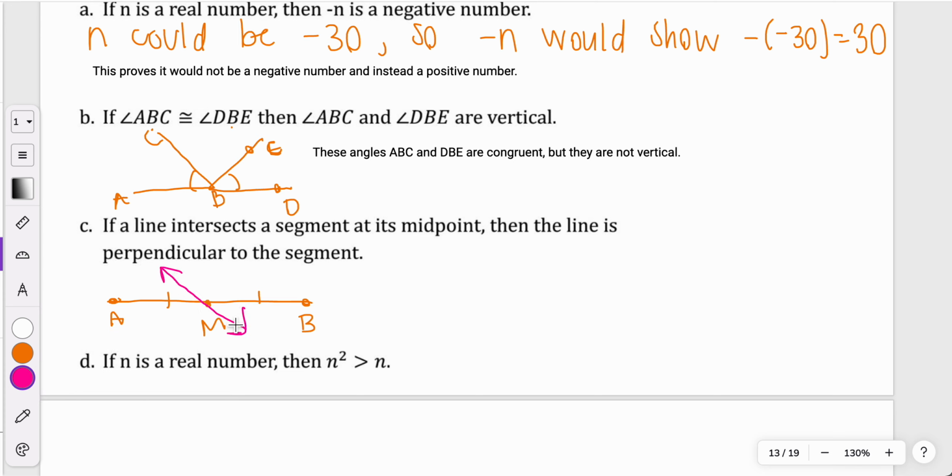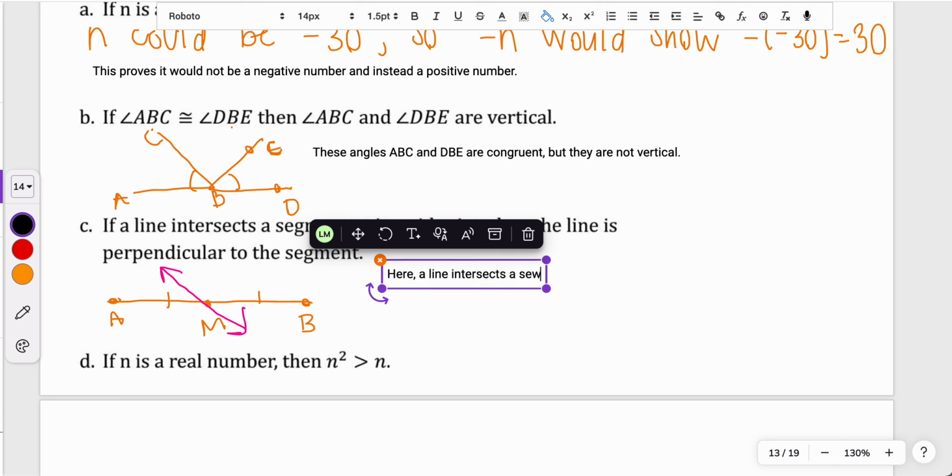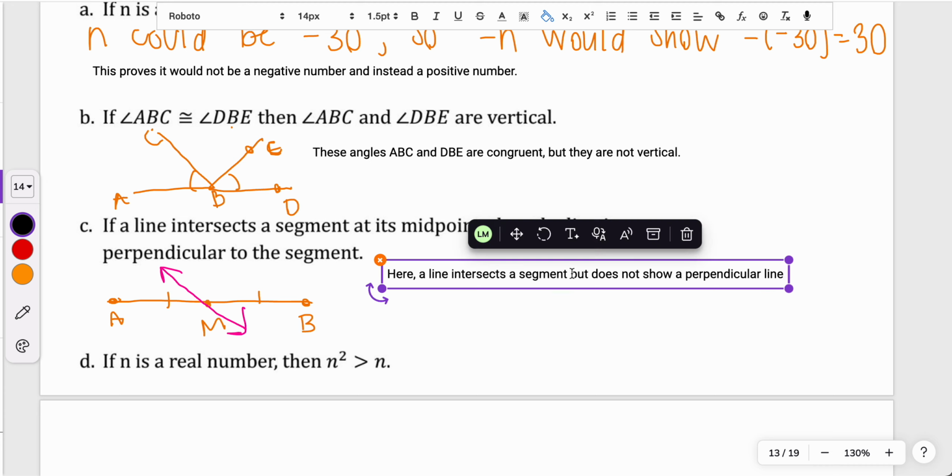That's not a 90-degree angle, right? So here, a line intersects a segment at its midpoint but does not show a perpendicular line.